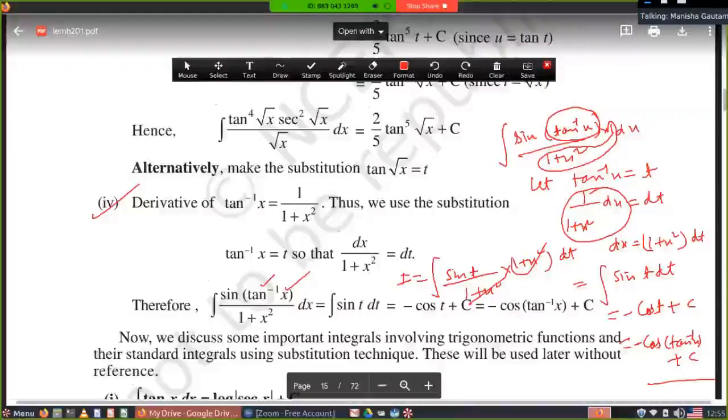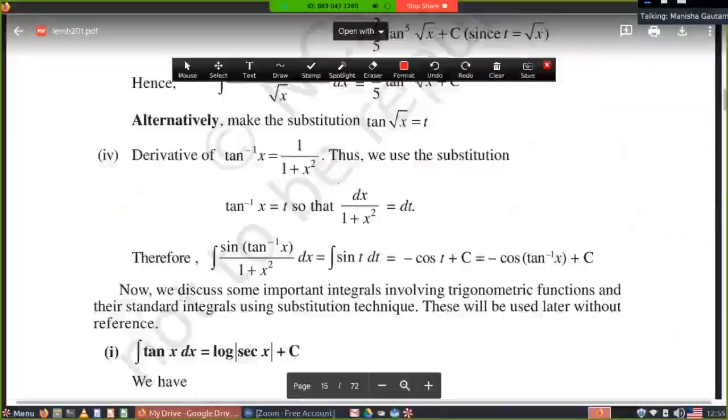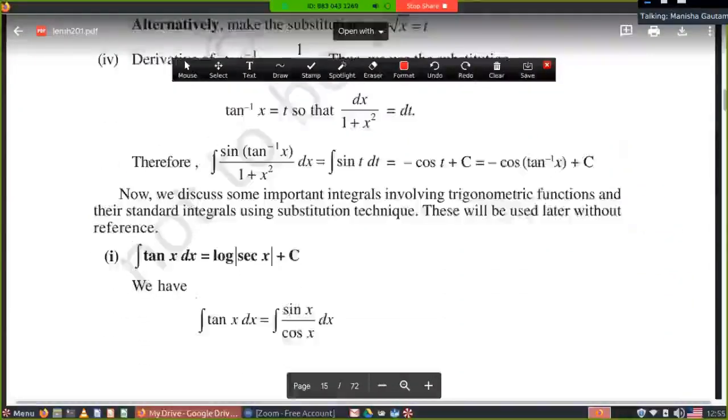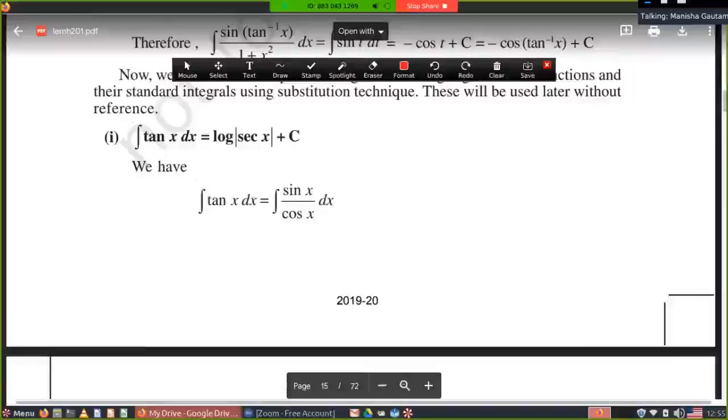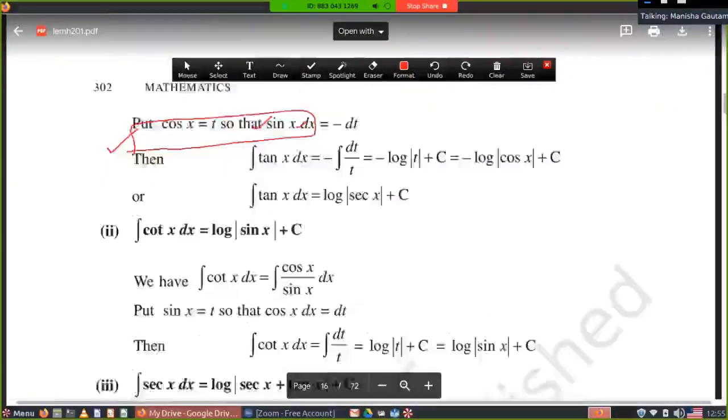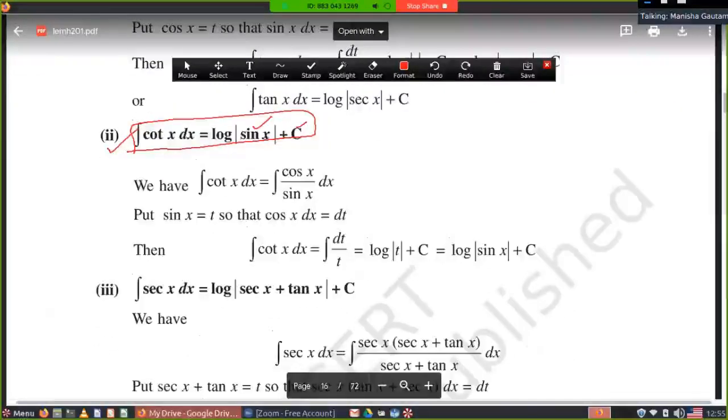Now come to the next. Here are a few formulae which you have to learn further. By substitution method, we got a formula: integration of tangent x is equal to log secant x plus constant. Next, integration of cot x is log sin x plus constant.